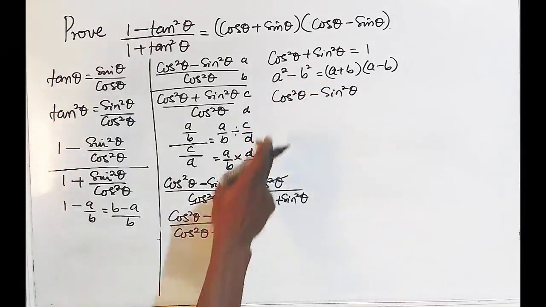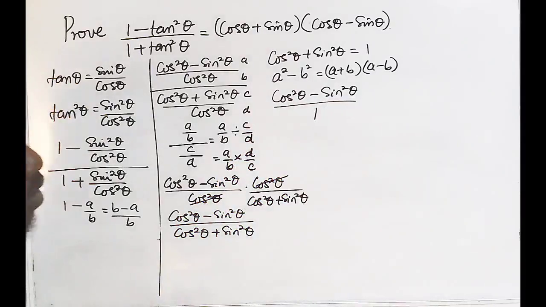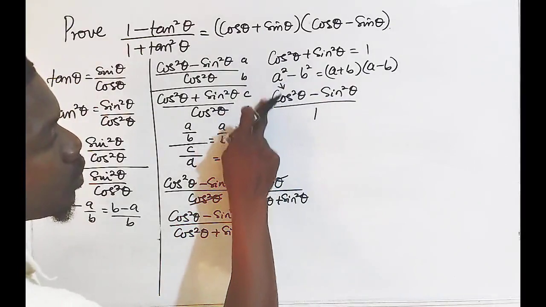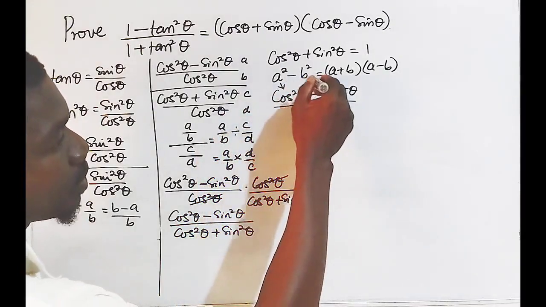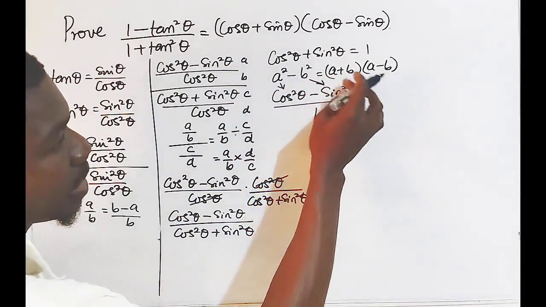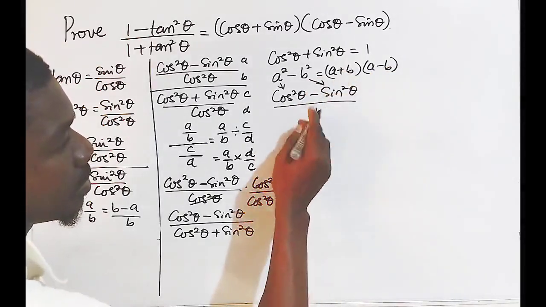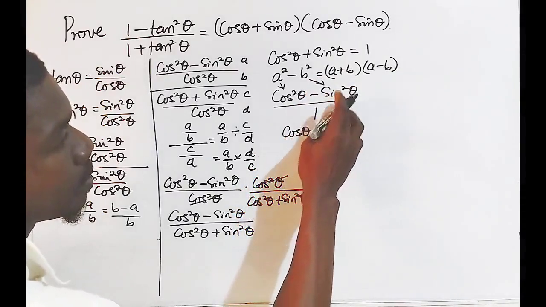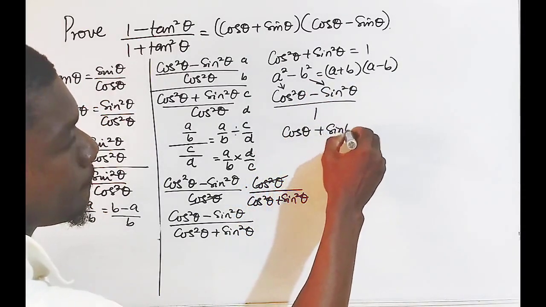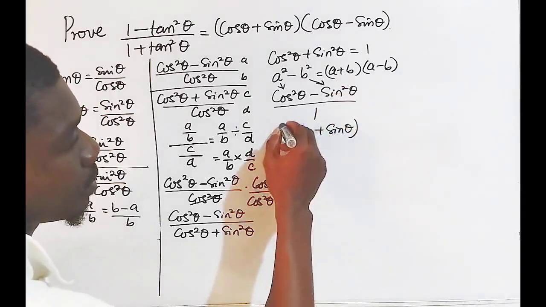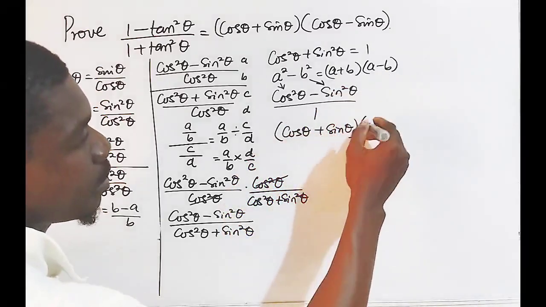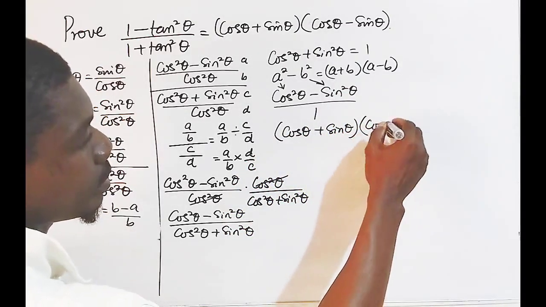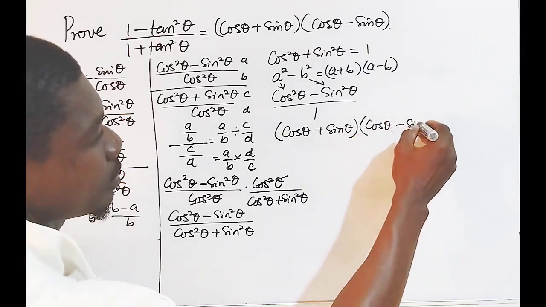Take note that the denominator already is 1. So here you have cosθ plus sinθ according to the first expression, then for the second one, cosθ minus sinθ.